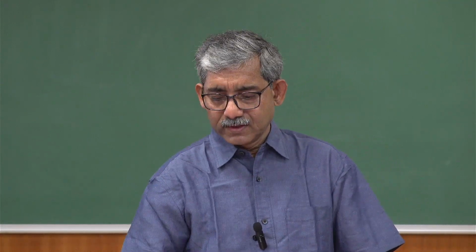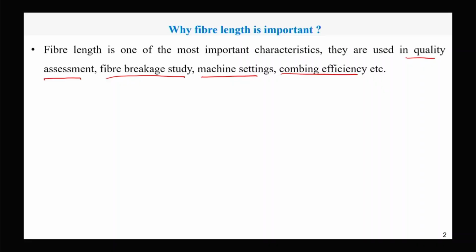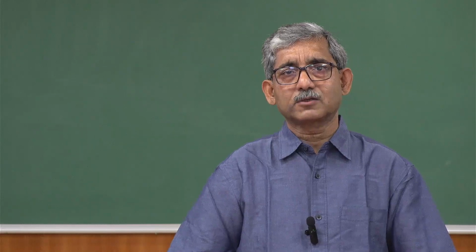Like if we want to know the length of cotton, we have to test using different techniques that we will discuss, and length of cotton is extremely important as far as quality of yarn and fabric is concerned.